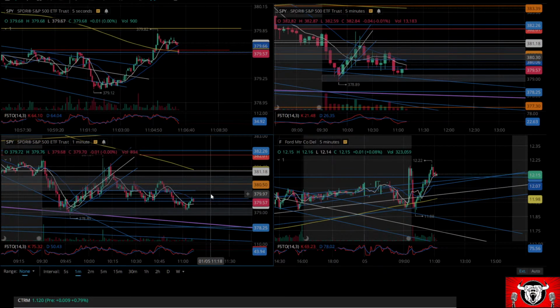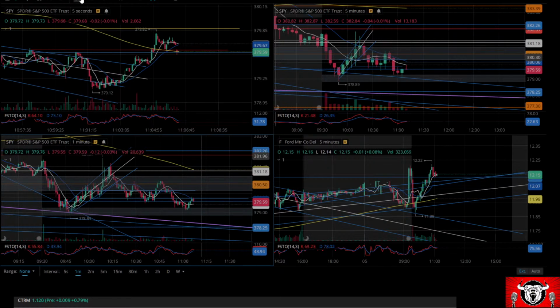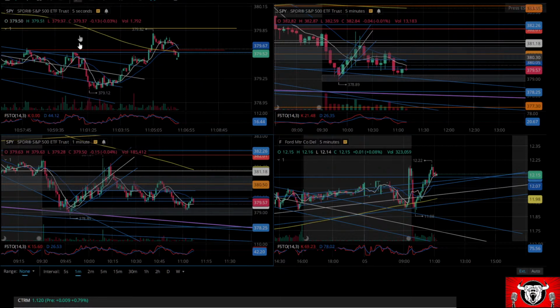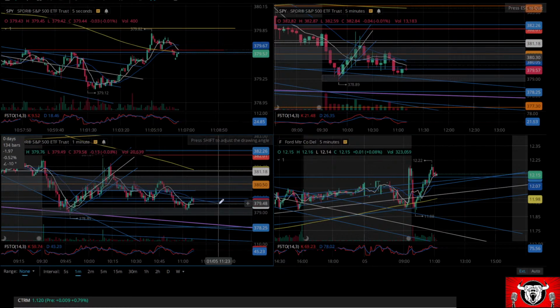You can look at the ES chart. Yeah. Or the NQ chart for QQQ. Right. And you can play QQQ, SQQQ, TQQQ, right? All of those move either inverse to the price action or along with the price action of NQ.